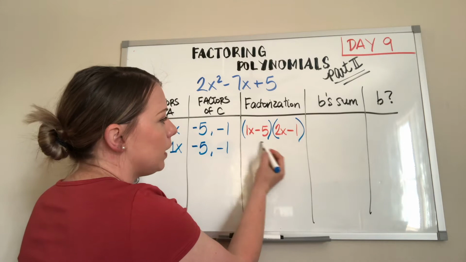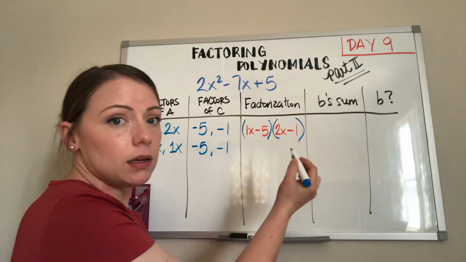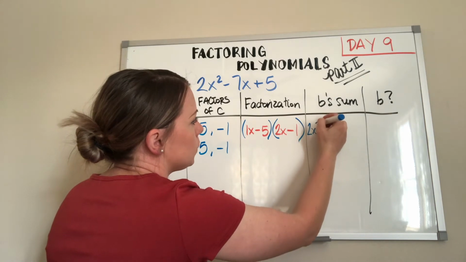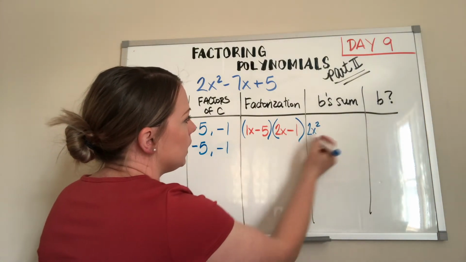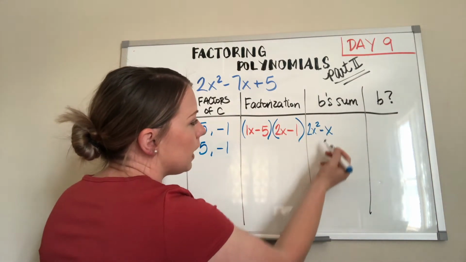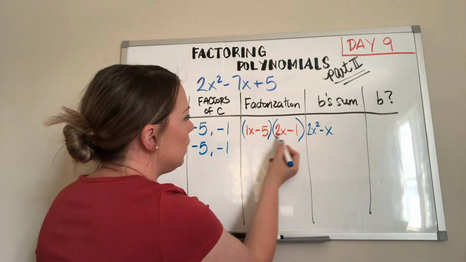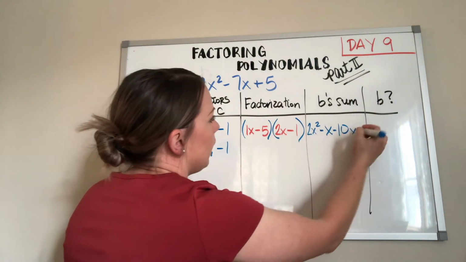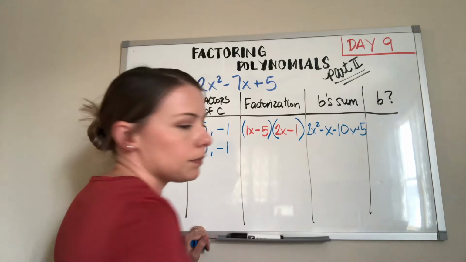If I were to go ahead and multiply this again to check my work, I would still get my 2x squared, and then I would get -x, because 1 times 1 is still 1, so there's a -1 here. And then I would get -10x, and then +5.